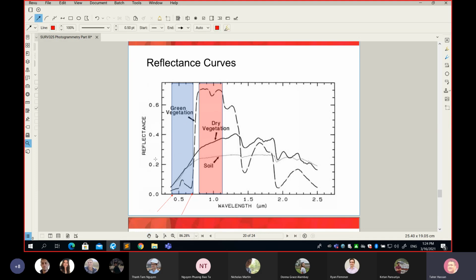In visible light you can see all the curves are very close. While if you take a picture of the same scene using an infrared camera, do you see where the green vegetation is? Up here. And where is the dry vegetation? Down here. So you can see there is a huge difference, and this huge difference allows us to differentiate between those.